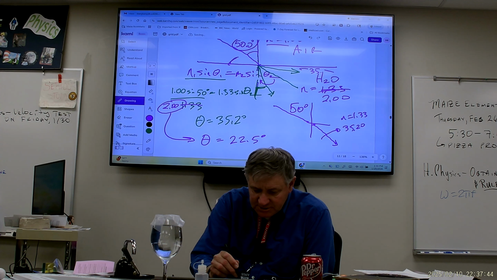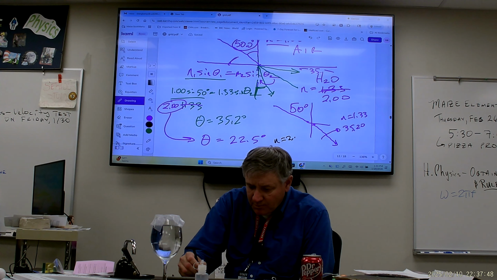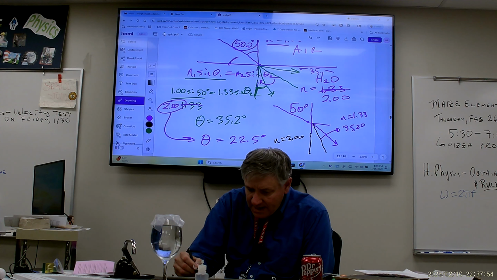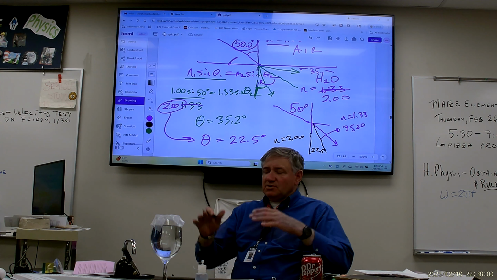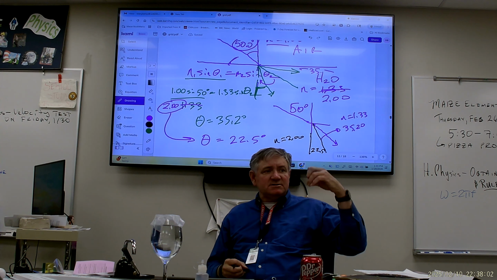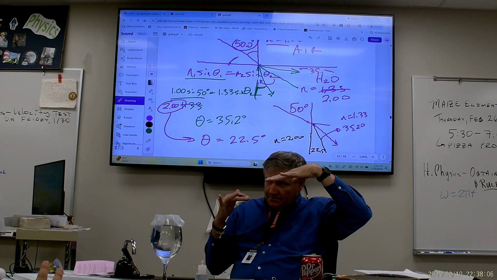But if you change it to where N is 2.00, then it bends a lot more, and that angle becomes 22.5 degrees. Okay? So the bigger the difference there is between those two values, the more it's going to bend.